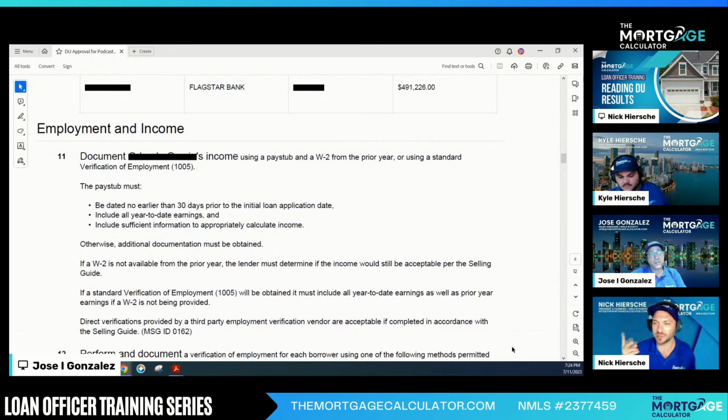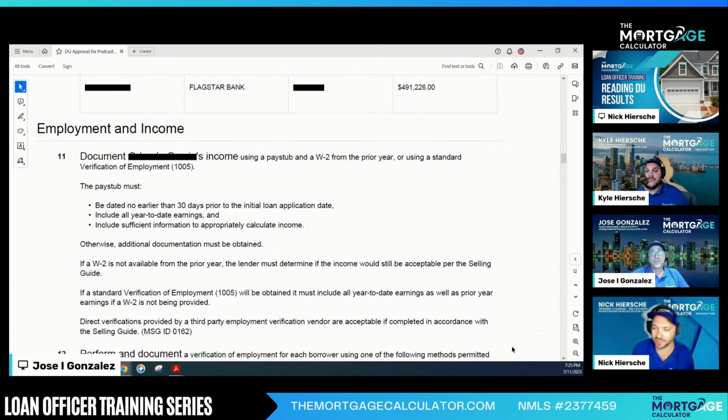It's not optional. So make sure you don't read too much into exactly what it says there, because if Jose had just accidentally forgot that he has a side business and not disclosed that, that would be a tax return required file, even if we don't use the income from that side business.